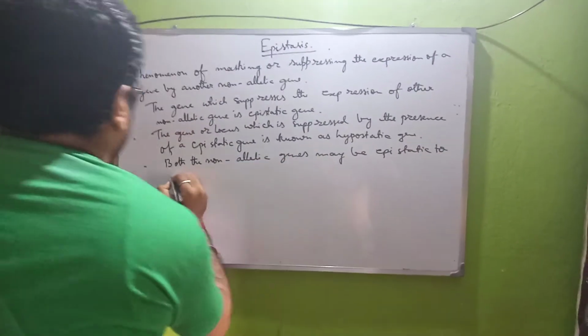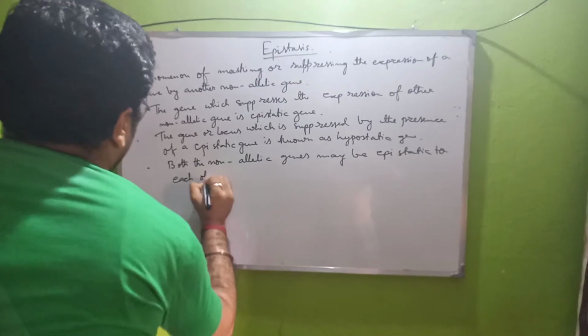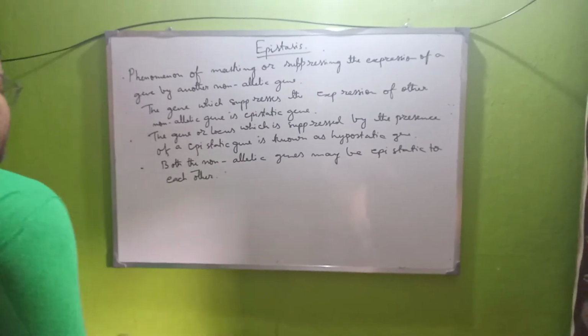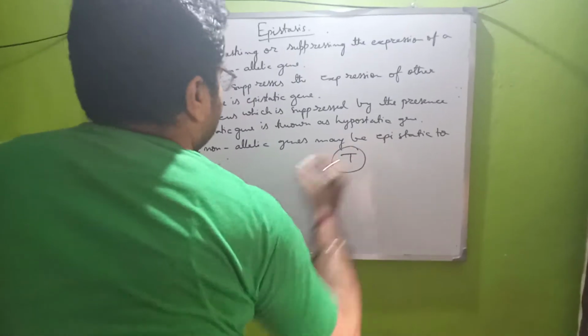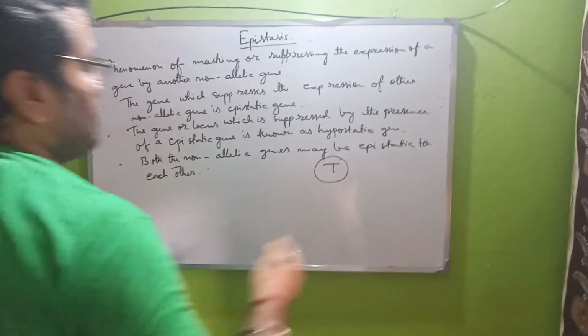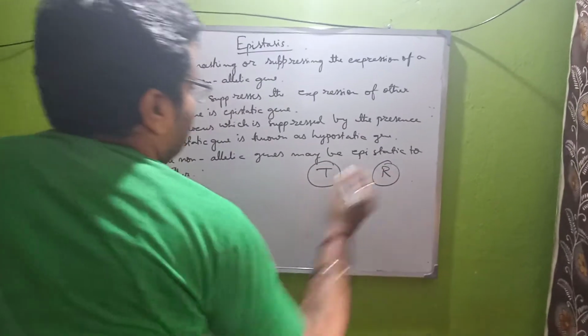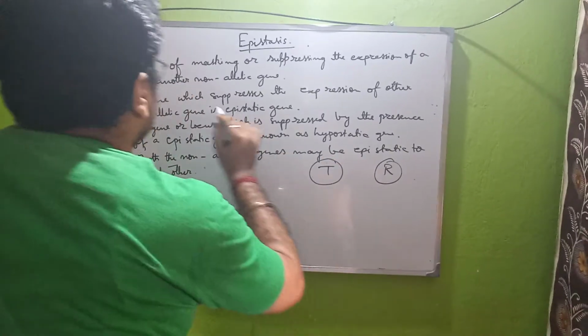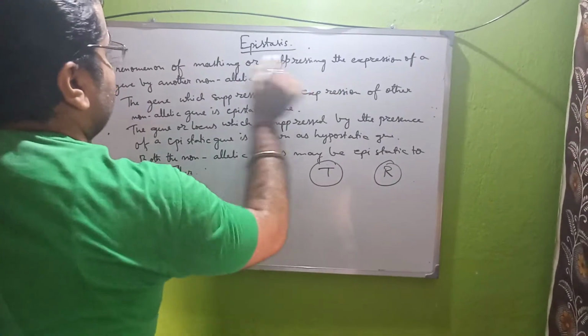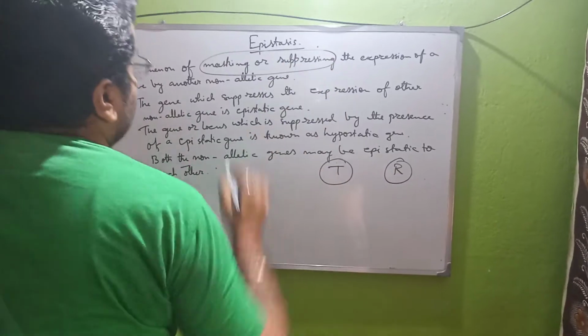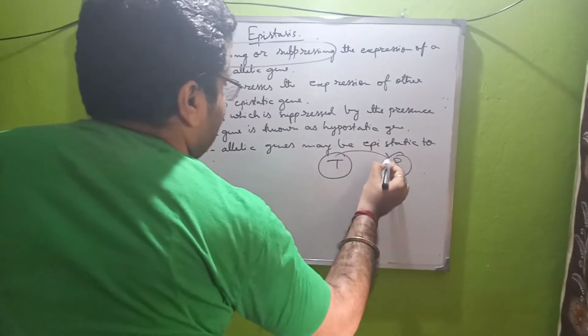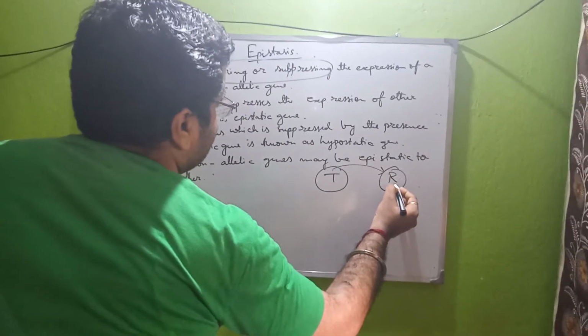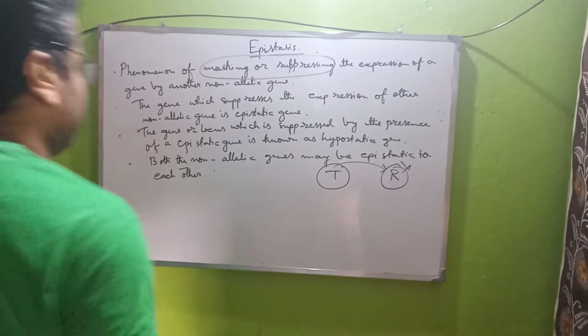So now listen, suppose there is a gene T and there is a gene R. So you will be finding what it says, the phenomenon of masking or suppressing. Masking or suppressing, the meaning is the same, that it will not be allowing this R gene to express itself.